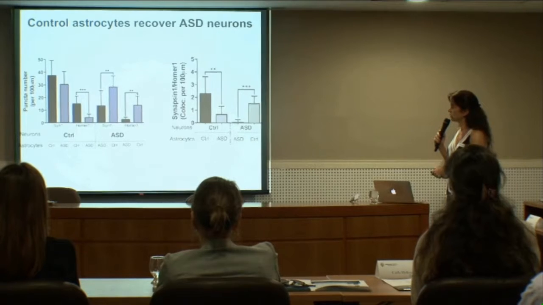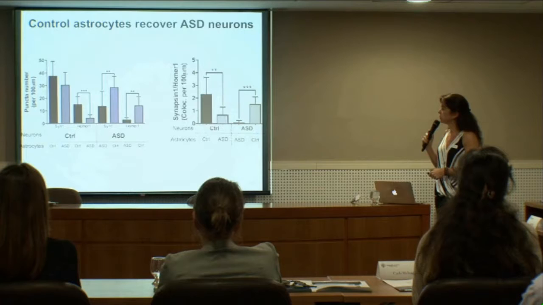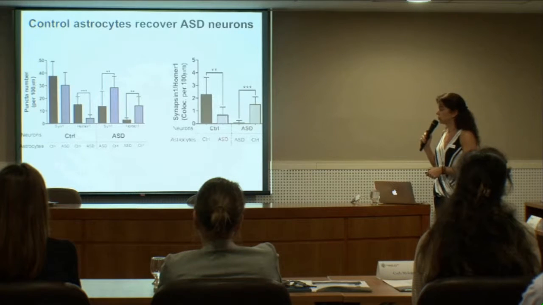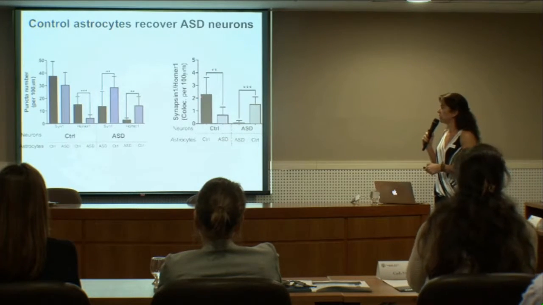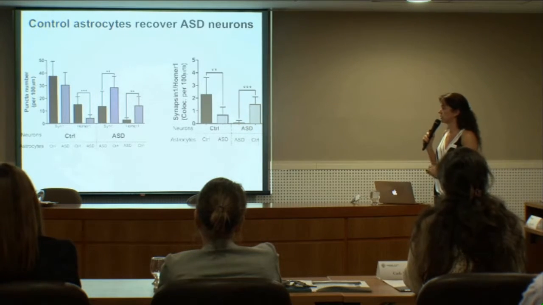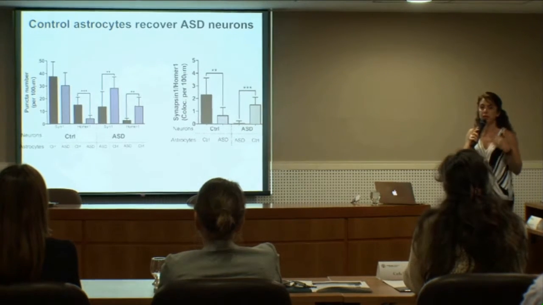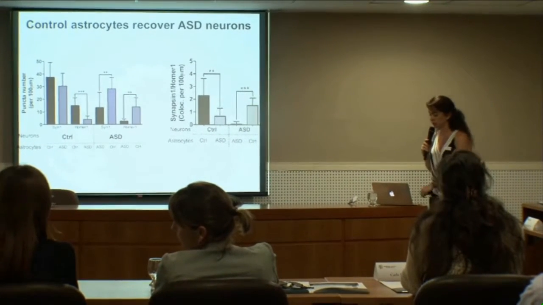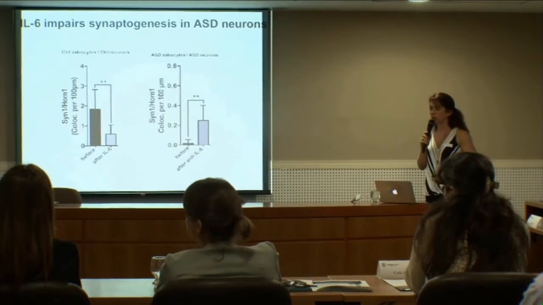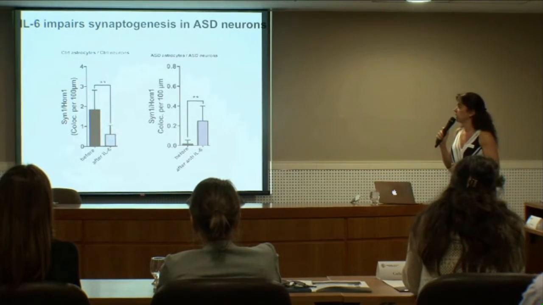Looking at this graph, which is the controls, we could notice that when you use a control neuron with an astrocyte from an autistic person, we have less synaptogenic process, and the opposite is true, right? If we put a good astrocyte, we have recovery of the number of synapses. Not only the morphology, but also the synapses recover.